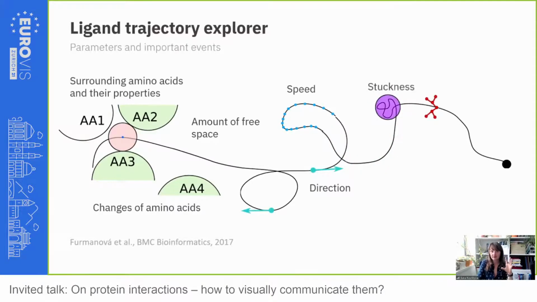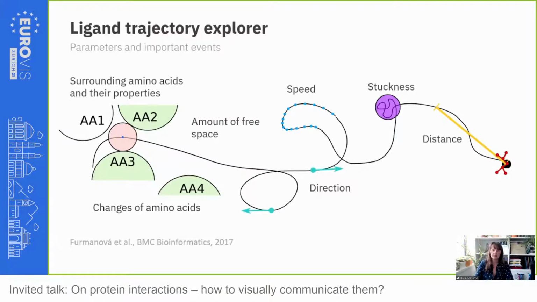Quite the opposite, there is something we called stuckness, a parameter which tells you when the ligand got stuck for a certain period of time, and it's worth observing what the reason for this event was. And then, of course, the distance it still has to travel to a certain point, in this case, the active site. So these were all the parameters which we were trying to observe and analyze.